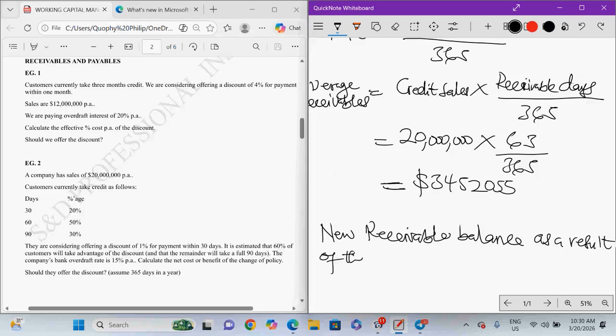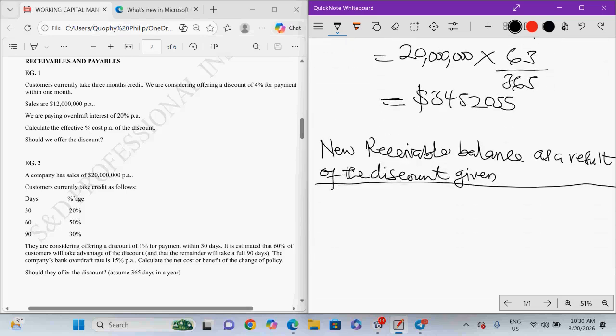As a result of the discount given. The new receivable policy as a result of the discount was given. So we have the days. We said 30 days, right?